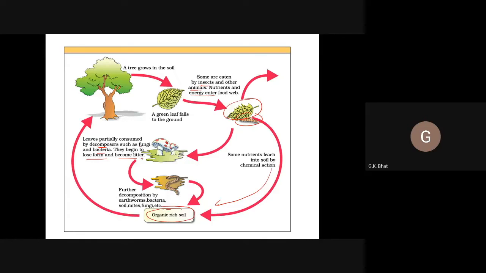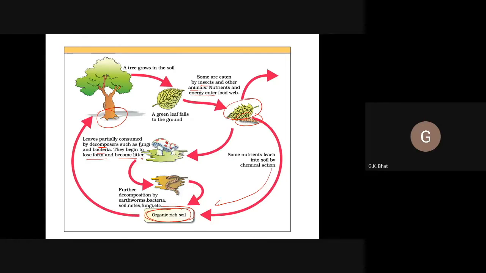This organic substance is again acted upon by bacteria, fungi, etc., and converted into inorganic substance, and this inorganic substance is absorbed by the roots of the plants. Rich with organic matter means it becomes rich with proteins, lipids, fats, carbohydrates, nucleic acids, etc. These organic matters are again acted upon by bacteria and fungi.